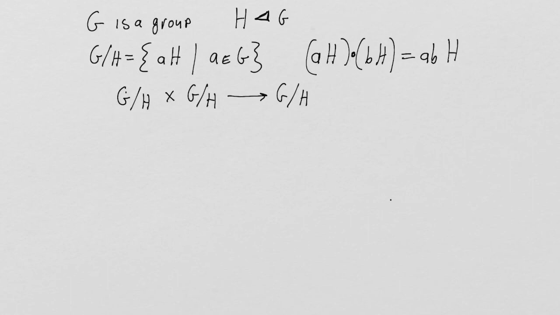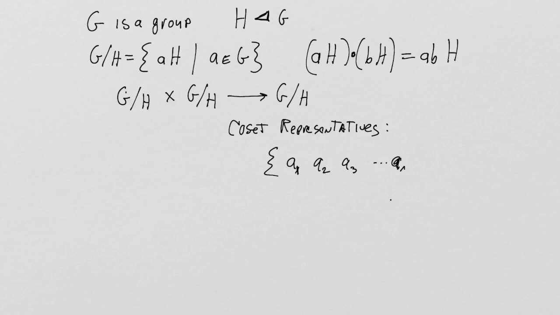All right, so before I go on, let me point out this notion of coset representatives. If I have a coset with the elements A1, A2, A3, dot, dot, dot, and say there are n elements, An, that's one coset.